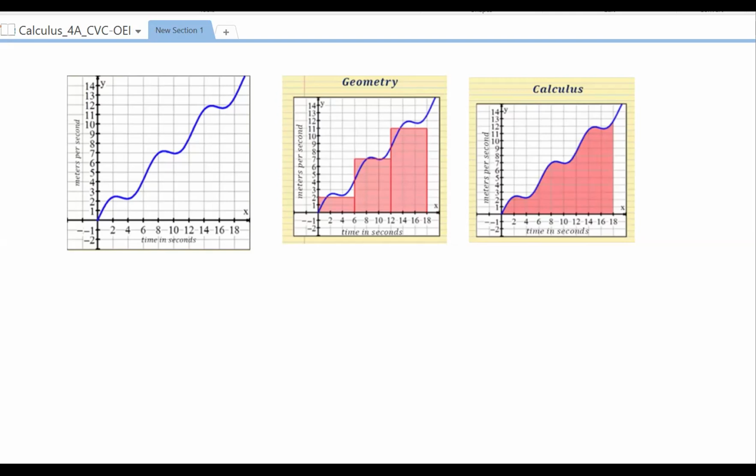So in geometry, we could use the idea of rectangles, constructing rectangles that touch the curve as best as possible, and then count how many rectangles there are and measure the area, because the rectangles give a coverage of the area, right? So we could do that.